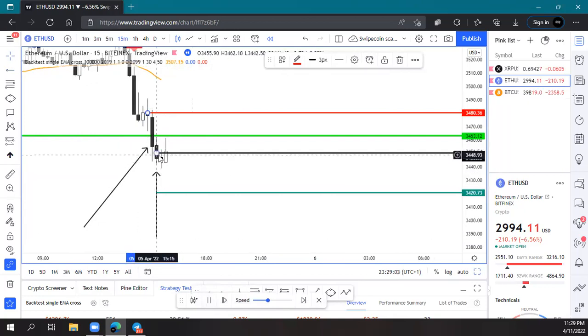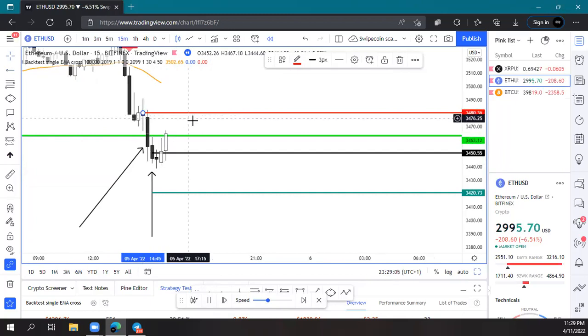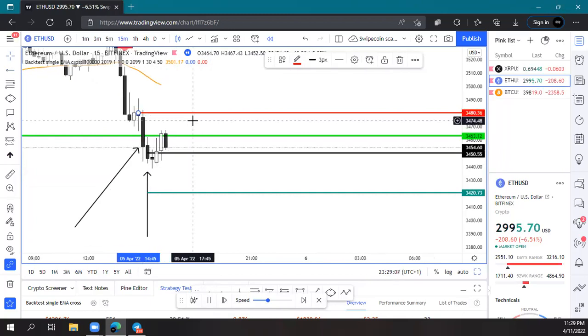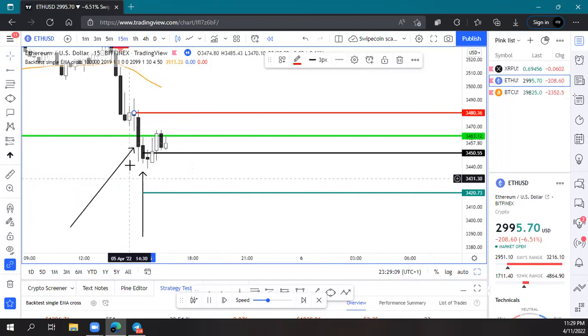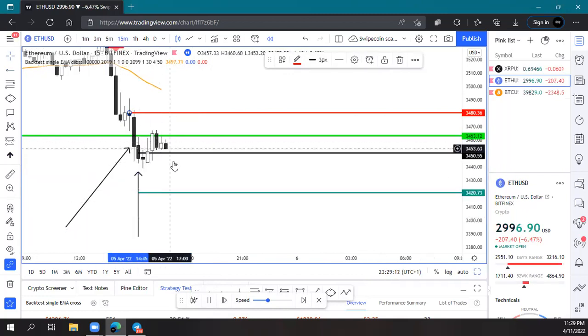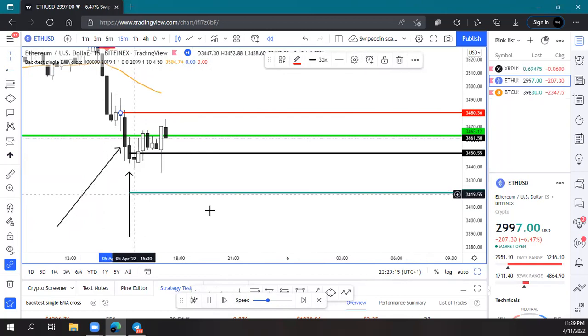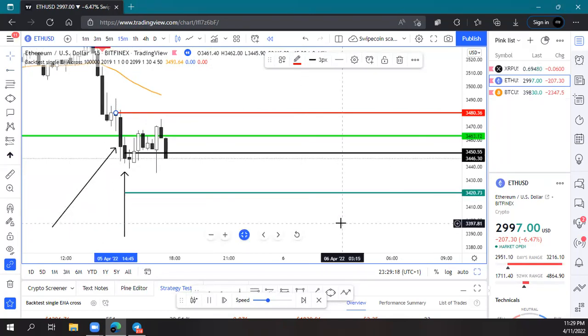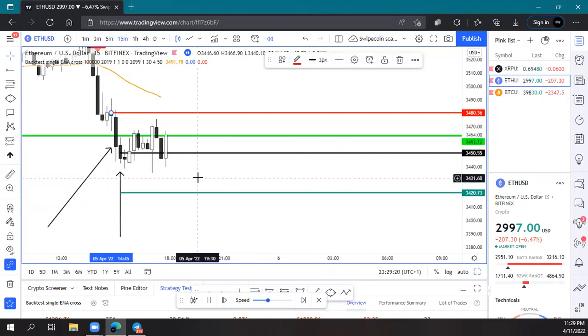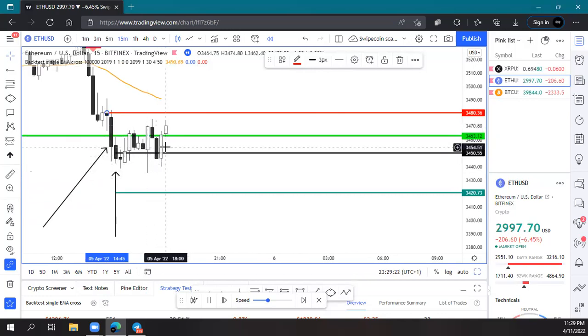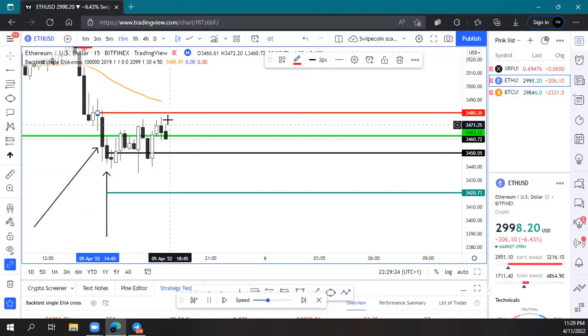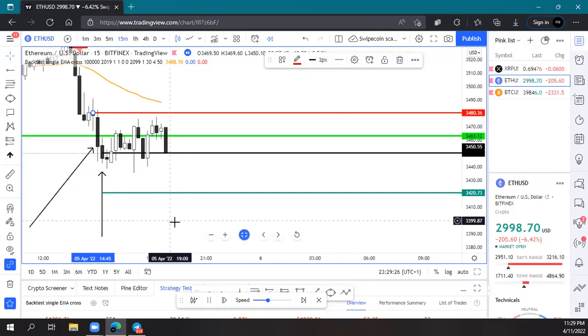I entered on this candle. It hasn't come to our stop loss, right? Let's see what happens. So this is TP1, right? So it's dancing in profit and out of profit. It's almost close to our stop loss.